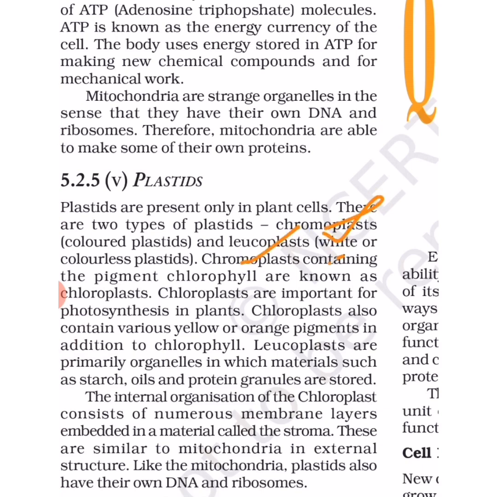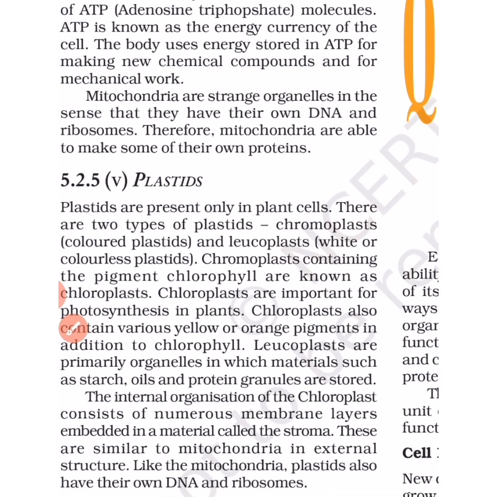leucoplasts, and chloroplasts. Chloroplasts contain the chlorophyll pigment, so they help in photosynthesis, whereas chromoplasts give color to the flowers and fruits of the plant body, and leucoplasts are colorless plastids, and they help in the storage of oils, fats, proteins, starch, etc. So they help in storage, and they are mostly present in the roots of the plant.